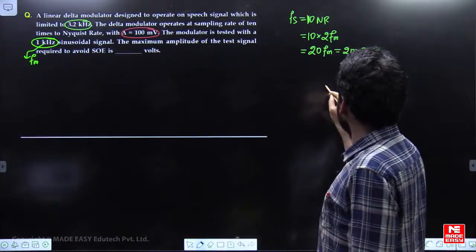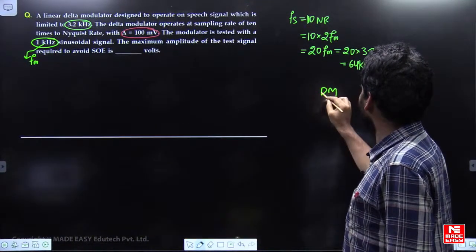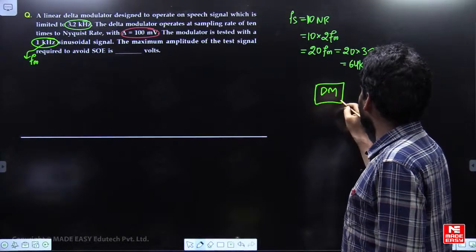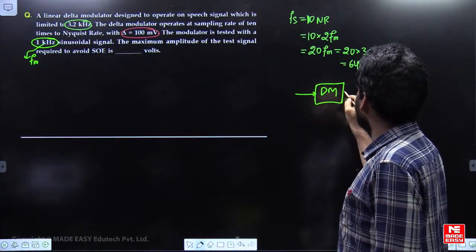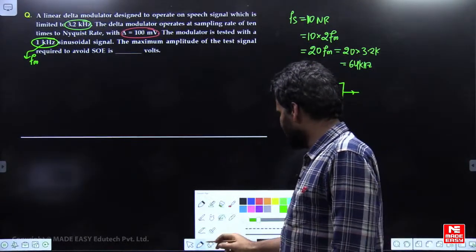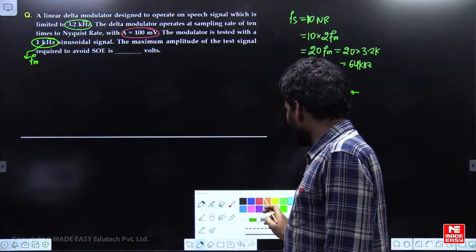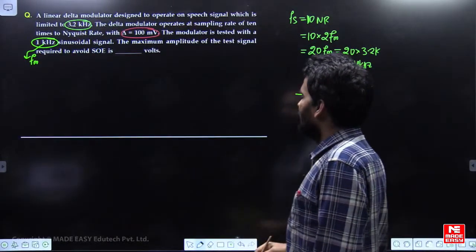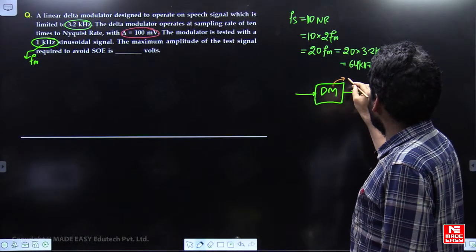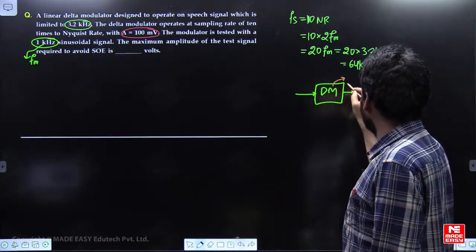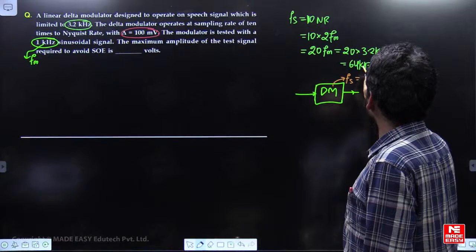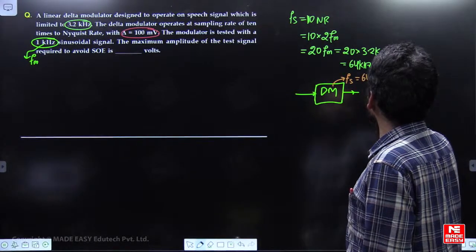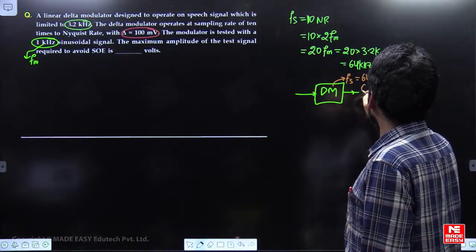If you take the delta modulator, it is actually designed to operate on a signal having a bandwidth of 3.2 kilohertz. And for this delta modulator, what is the sampling rate? The sampling rate maintained is 64 kilohertz. And what is the delta?